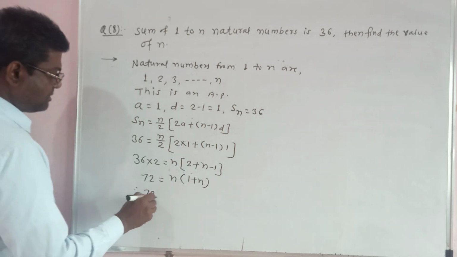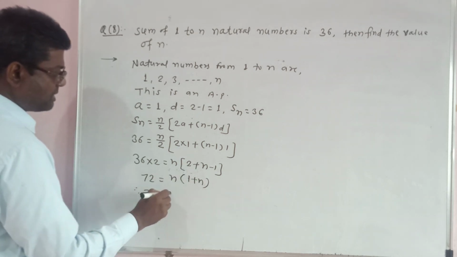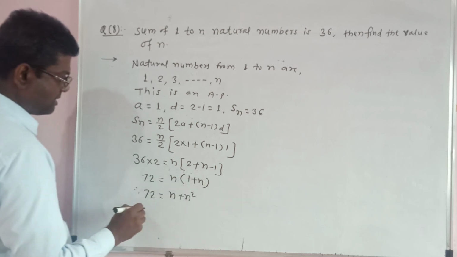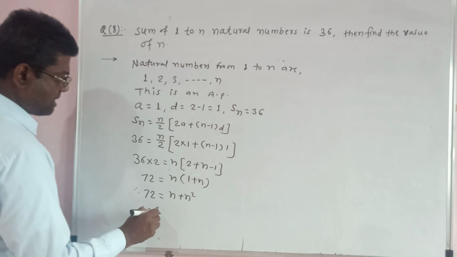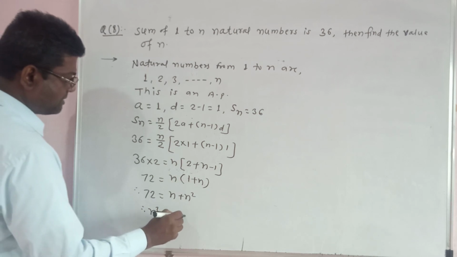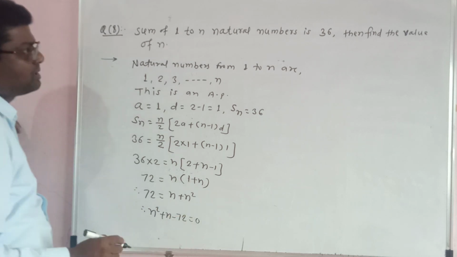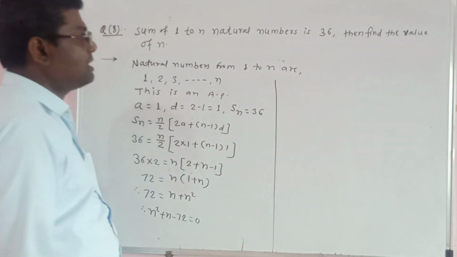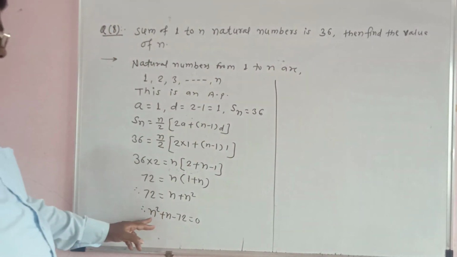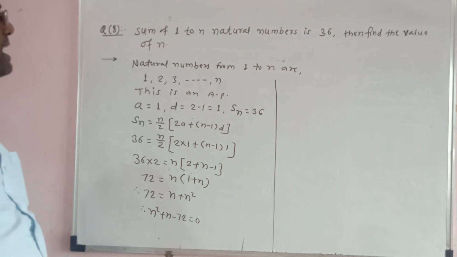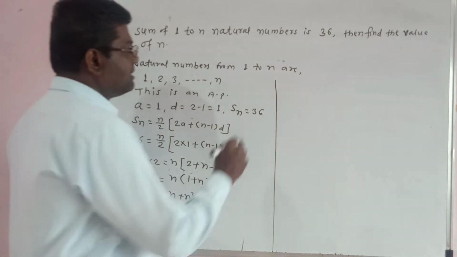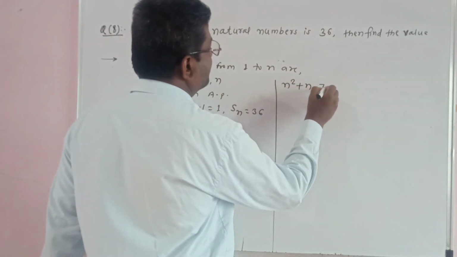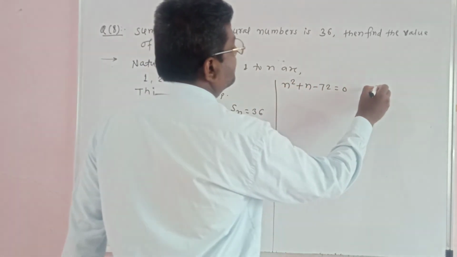Therefore 72 is equal to n into 1 is n, n into n is n square. Therefore n square plus n minus 72 is equal to 0. Now we have to solve this quadratic equation to find the value of n.